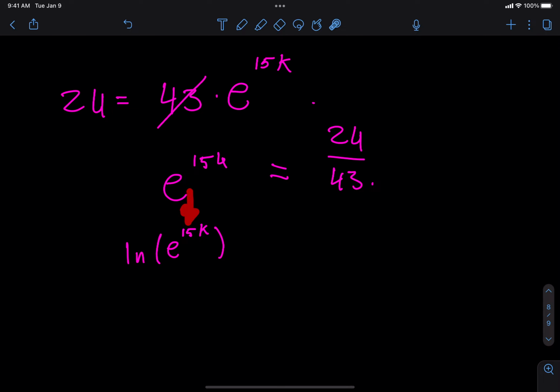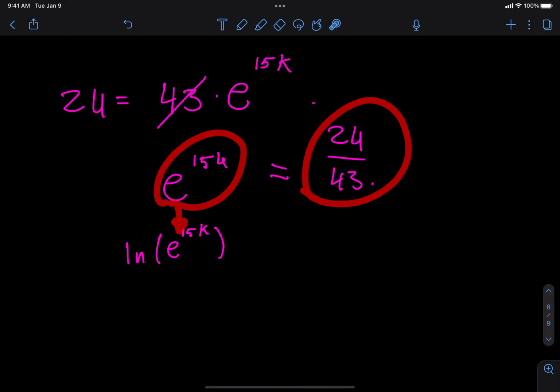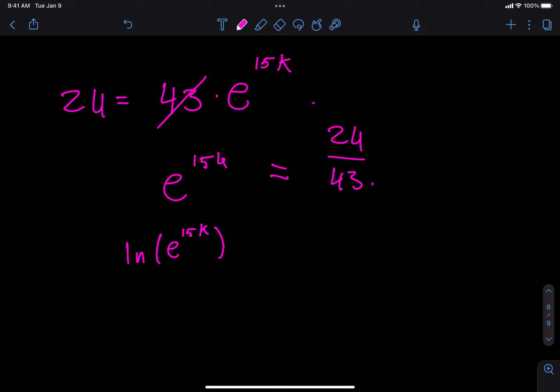We've plugged this number into the ln function, right? And if I plug the number on this side into the ln function, I'll get the same number as if I plug this number into the ln function, because the numbers are the same. So the output of the function will be the same. So this becomes ln of 24 over 43, yes?